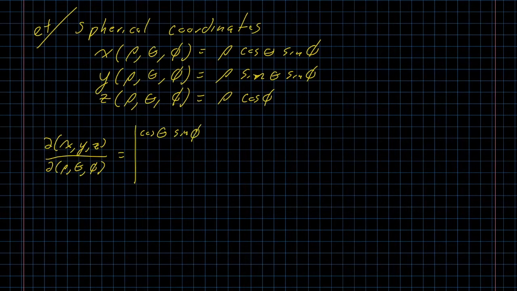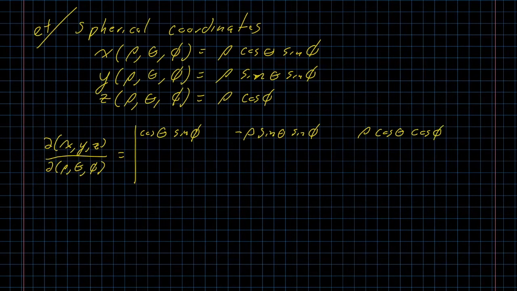Partial of x with respect to theta will be minus rho sine theta sine phi. And partial of x with respect to phi will be rho cosine theta cosine phi.